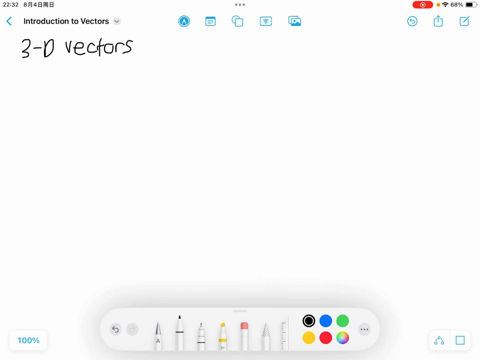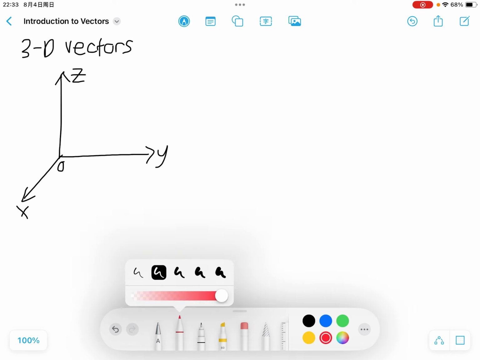If I draw the 3D coordinate plane here, this is the z-axis, this is the y-axis, this is the x-axis, and we're only going to use the first quadrant right now. 3D is harder to visualize, but not that hard because objects in real life are 3D. If we know the basics, we can use vectors in 4D, 5D, even maybe 20D or 30D dimensions, which are really hard to visualize. But right now, let's just draw the 3D vector.